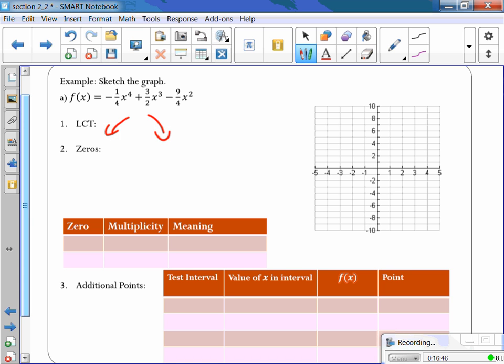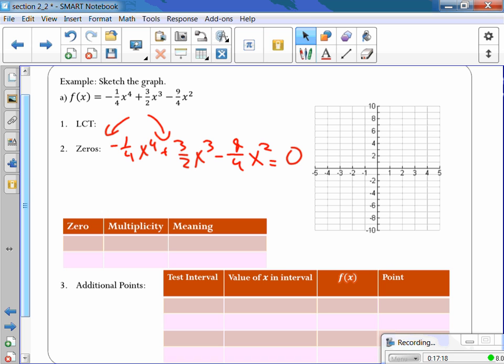What do I want to do about those zeros? All right. So starting off, do we have it set equal to 0? Dominic, what should we do now? Do we like fractions? What can we do? Absolutely.